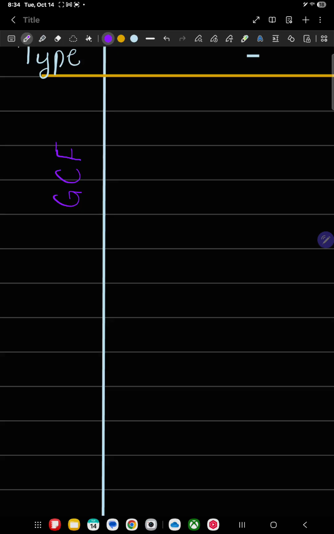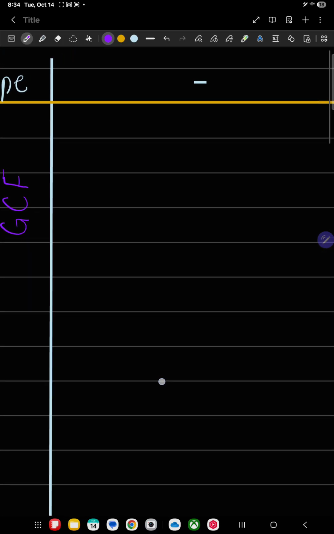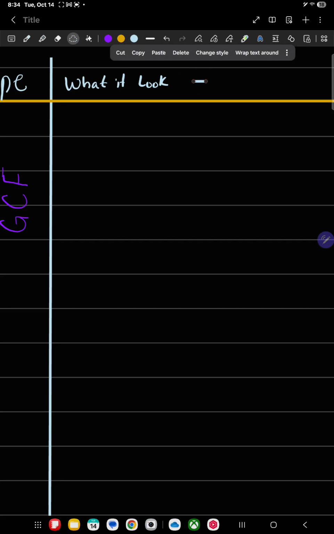Greatest common factor. All right. Now, that second column title will be what it looked like. Oh Lord, that sounds like I'm saying something else. Anyway, what does it look like? That's what I should have said.